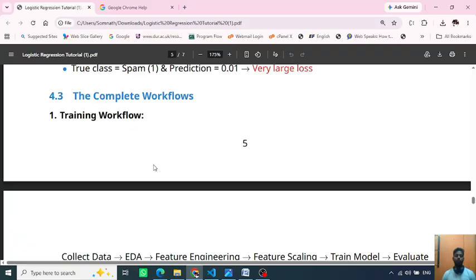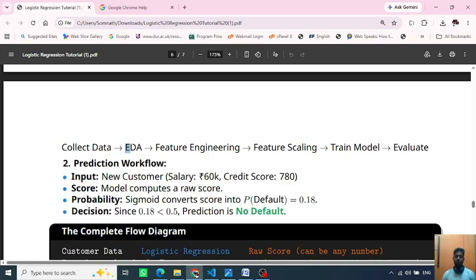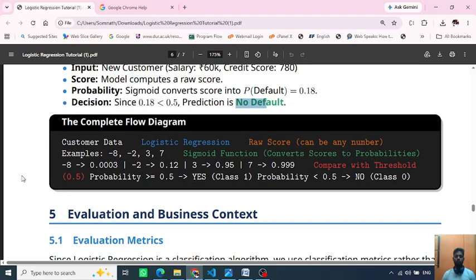The complete training workflow is: collect data, exploratory data analysis, feature engineering, feature scaling, train the model and evaluate. Then the prediction workflow: the threshold is applied to the probability value, and it predicts default or no default.